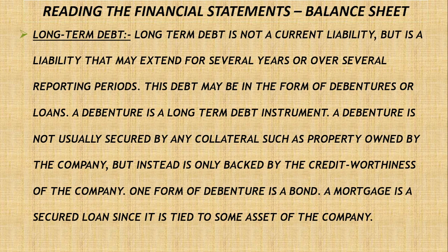A debenture is not usually secured by any collateral such as property owned by the company, but instead is only backed by the creditworthiness of the company. One form of debenture is a bond. Mortgage is a secured loan since it is tied to some assets of the company.